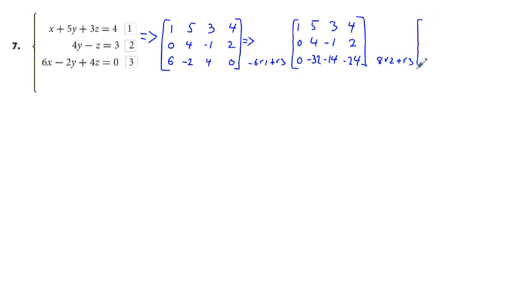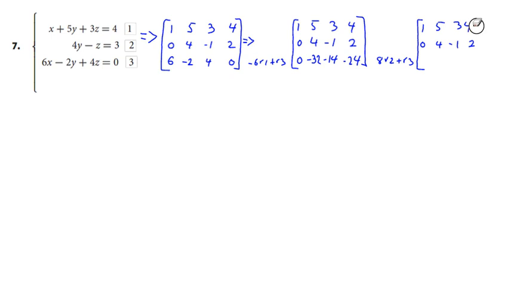So we're going to keep rows 1 and row 2 the same. So we have 1, 5, 3, 4. And then we have 0, 4, negative 1, and 2.